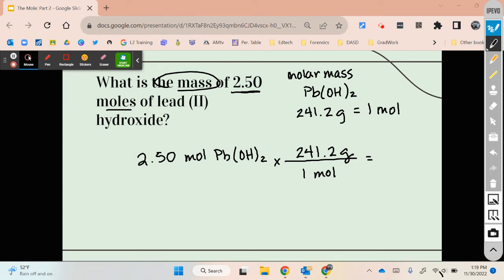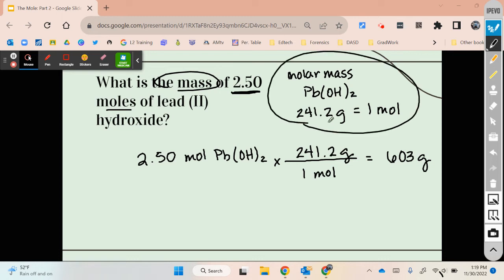And that will tell me that I have 603 grams in that 2.5 mole sample. So 603 grams is how heavy 2.50 moles of lead hydroxide would be. And I'm using that molar mass as a conversion factor here. So let's try another one.